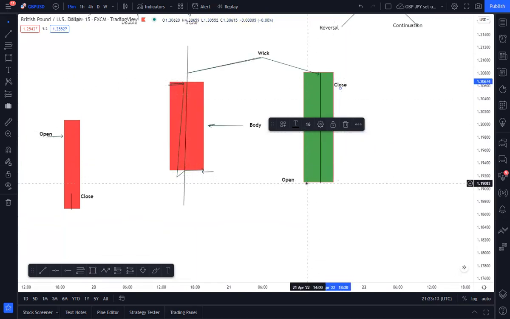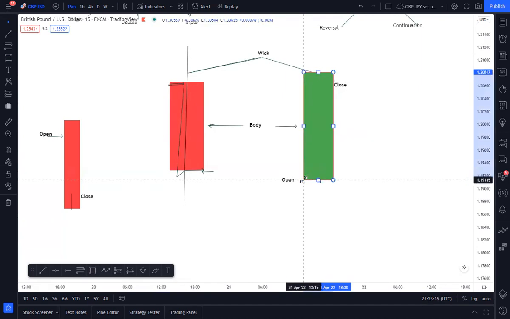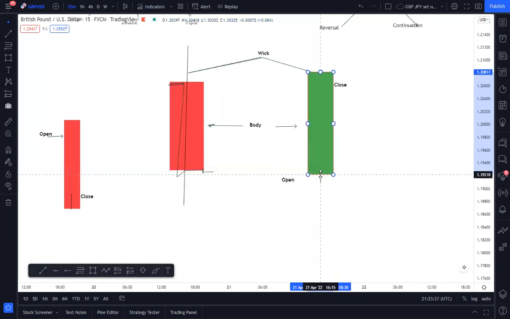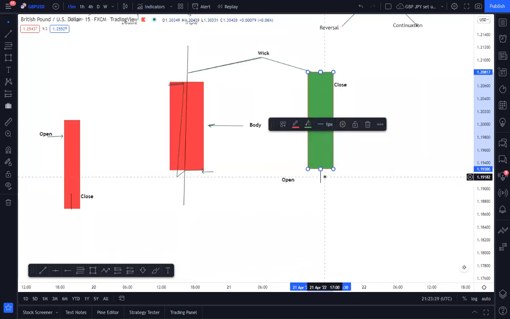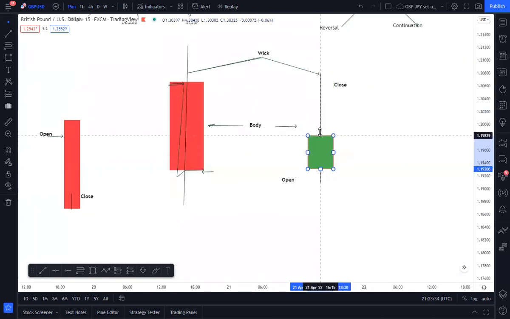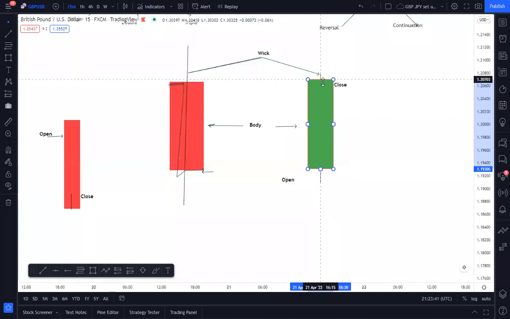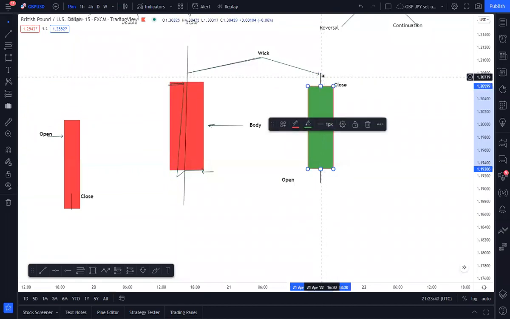It simply means that when price opened, the bears first of all pushed down. When the bears pushed down at first, the bulls rejected that push, and the wick is being created. So the bulls kept on pushing up and pushing up to this extent. And then the bears said never. The bears rejected for a little while, and that's why this other wick is formed before price closes here.